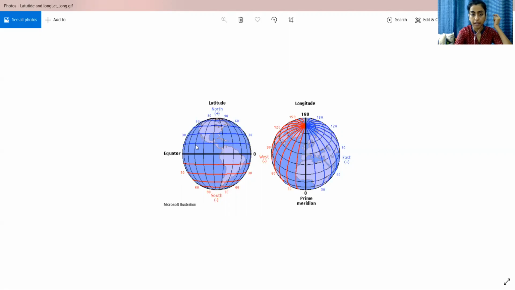But the latitudes are getting smaller towards the pole. Because of this difference in the lines, the east-west extent of India is smaller than the north and south extent, or the length of north and south is more than the east and west.